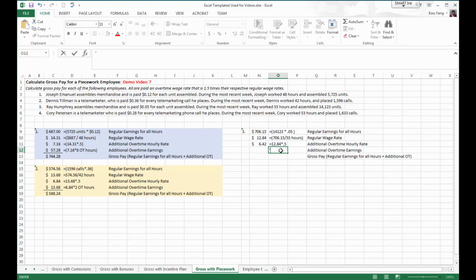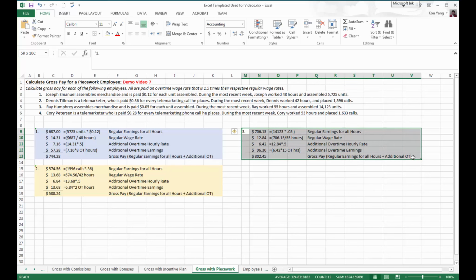My total additional overtime earnings is taking this $6.42 multiplied by the 15 OT hours that he worked, for a total of $96.30, and a total of $802.45 for gross pay.